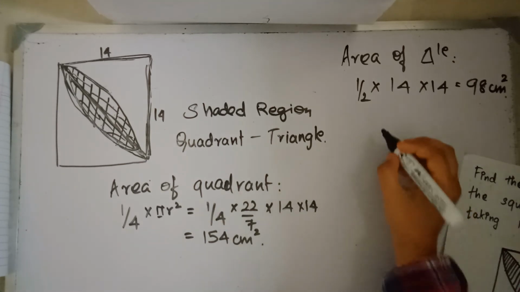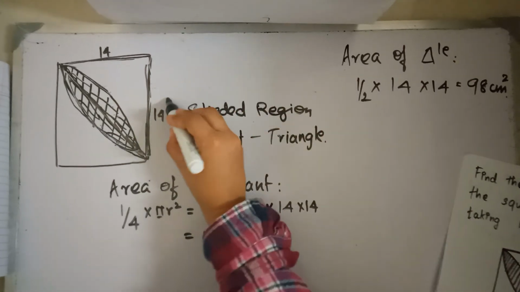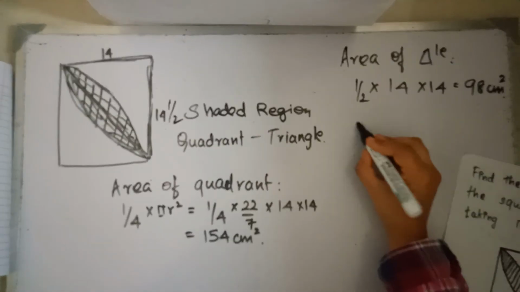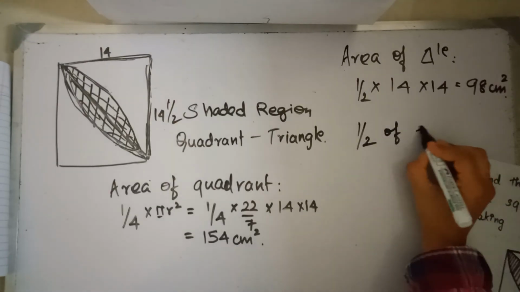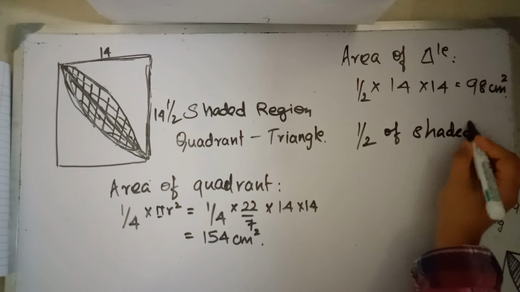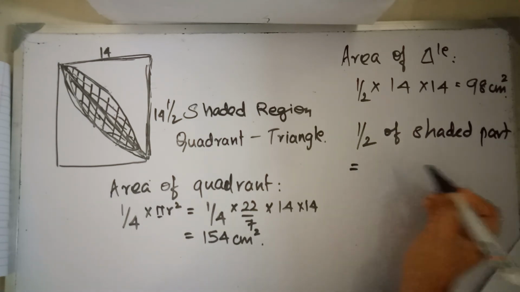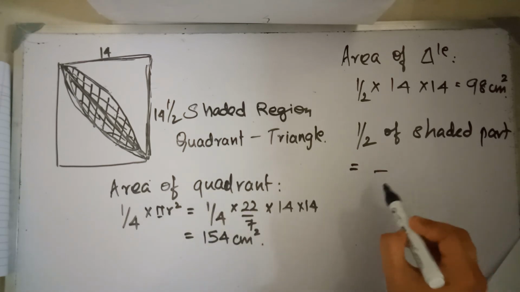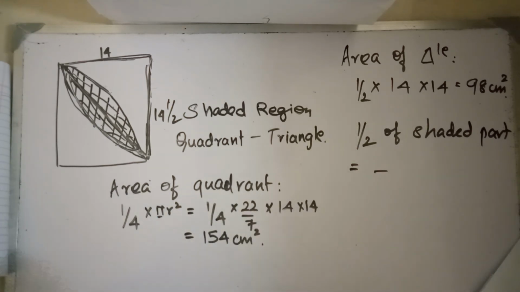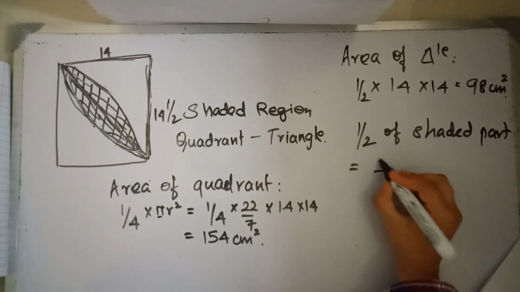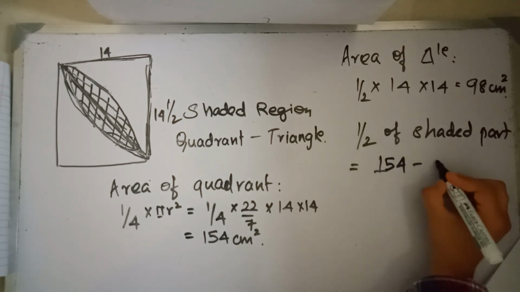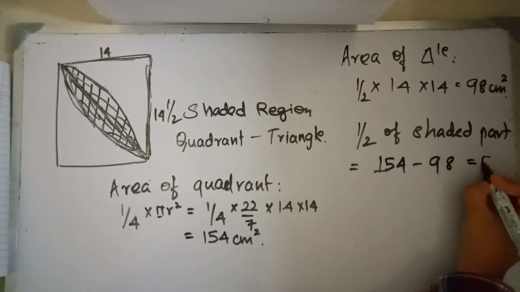So for half of the shaded region, you have to be careful not to take this as the whole shaded region because you have to multiply this by 2. The shaded part will be 154 minus 98, and this gives us 56.